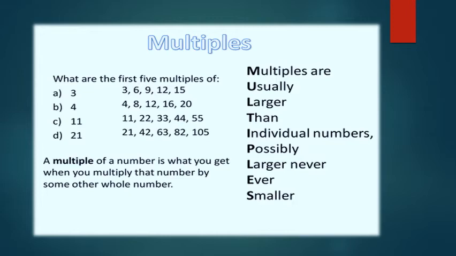And the first 5 multiples of 21 are 21, 42, 63, 84, 105. So in a nutshell, a multiple of a number is what you get when you multiply that number by some other whole number.